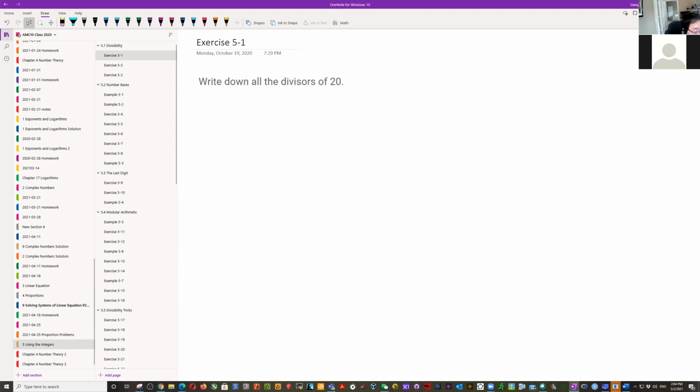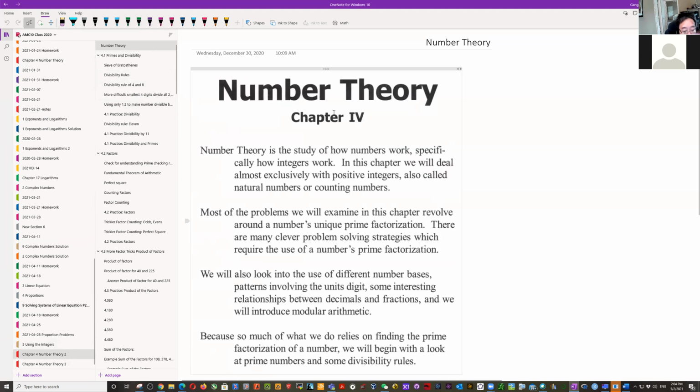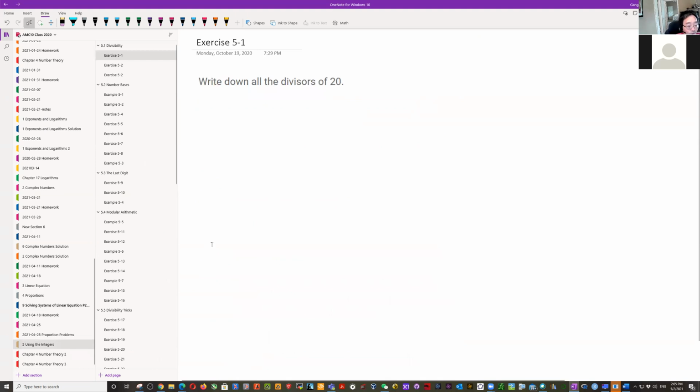We have been talking about number theory in the previous class on MC8. If you try to write down the divisors of any number, for example 20, this is an easy one, the way to do that is first to prime factor it.